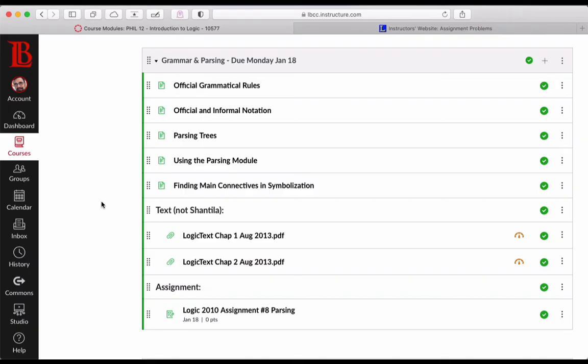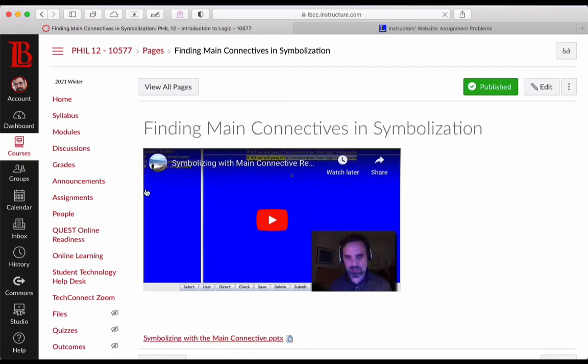One thing I want to call your attention to before I get into that problem is this page in our Canvas site, Finding Main Connectives in Symbolization. This is in the Grammar and Parsing module that was due on Monday, January 18th. This is a really super valuable page for symbolizations.